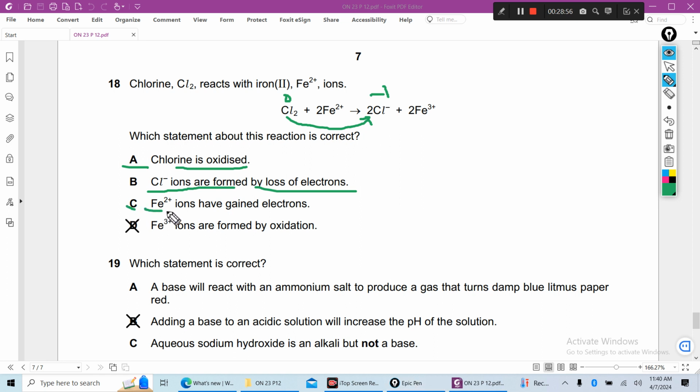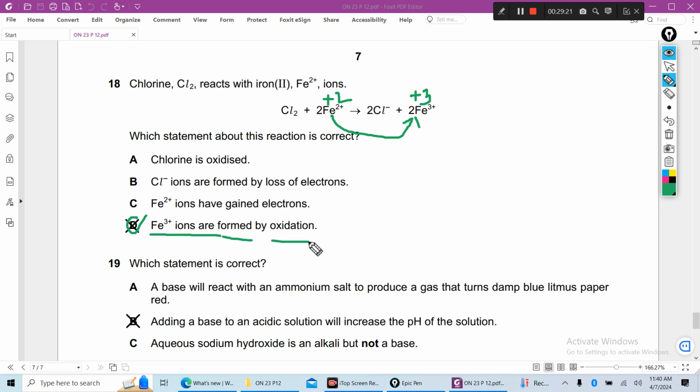And C: iron 2 ions gain electrons. No, iron 2 ion loses an electron. Here the oxidation number is +2, here iron 3 has oxidation number +3. As the oxidation number increases, this process is oxidation, so iron 2 ion loses an electron. That's why D is the correct answer: iron 3 ions are formed by oxidation.